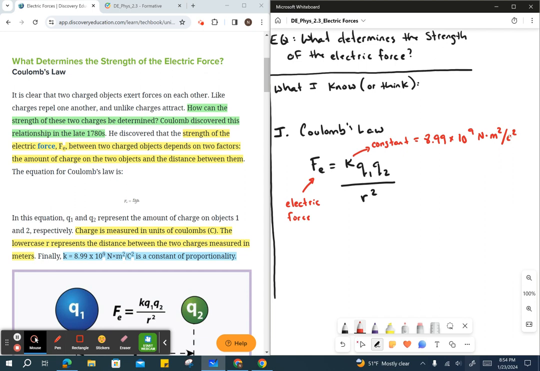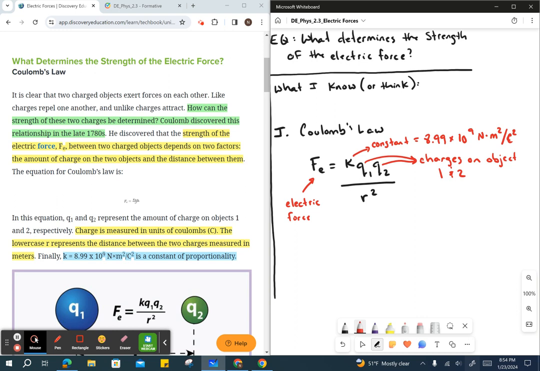Okay, the Q1 and the Q2 are the charges on object 1 and 2.